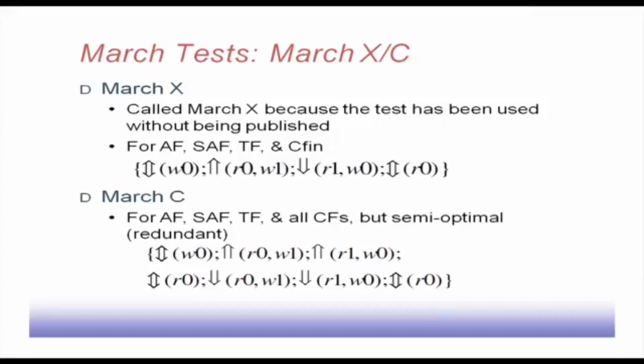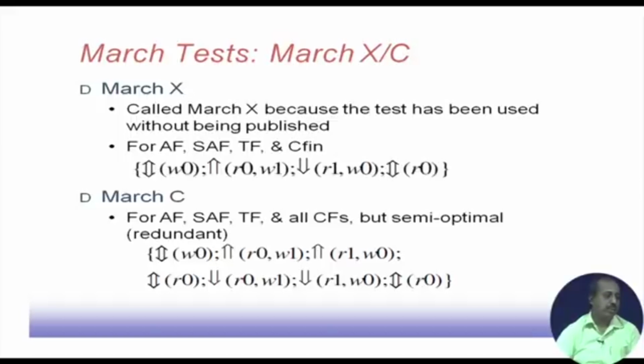Memory testing was being done, and some of the March tests were used even before they were available in the literature. March X is a testing sequence that was used before it was reported in the literature.